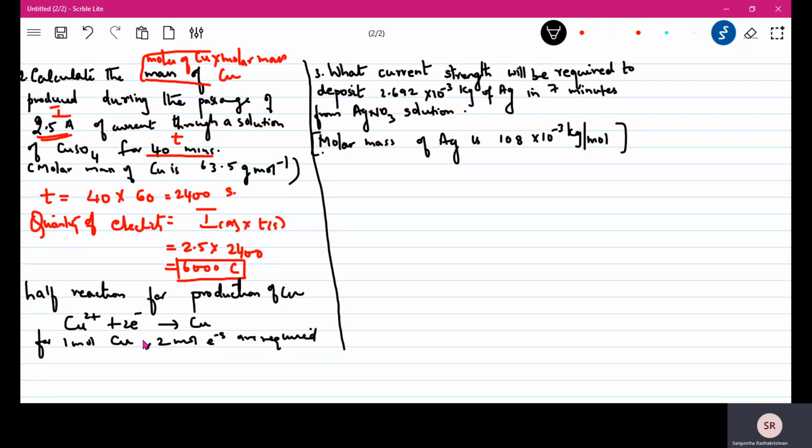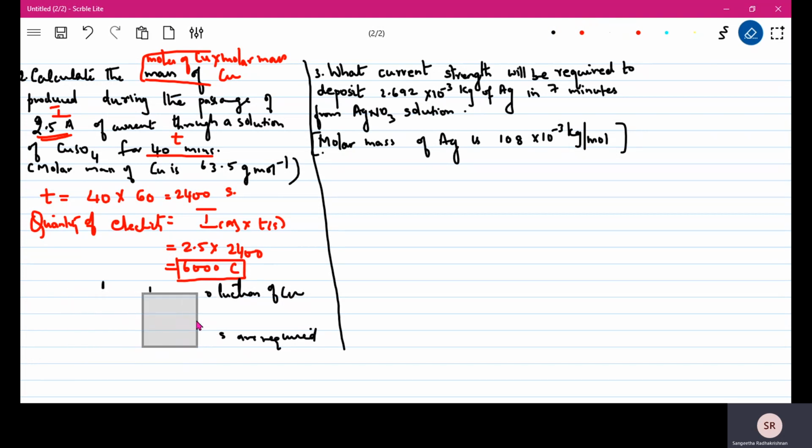Or 1 mole copper is produced from 2 mole electrons. Let me just slightly modify over here. Before we write the half reaction, we will find how many mole electrons are involved.